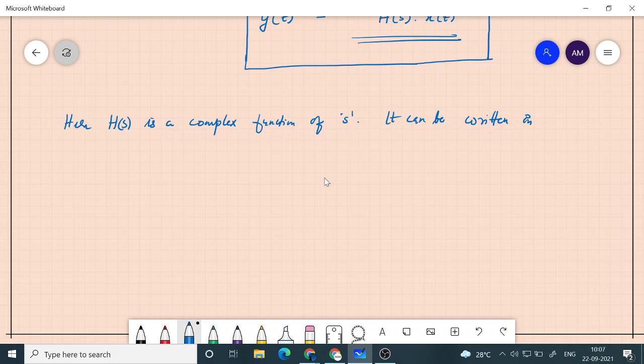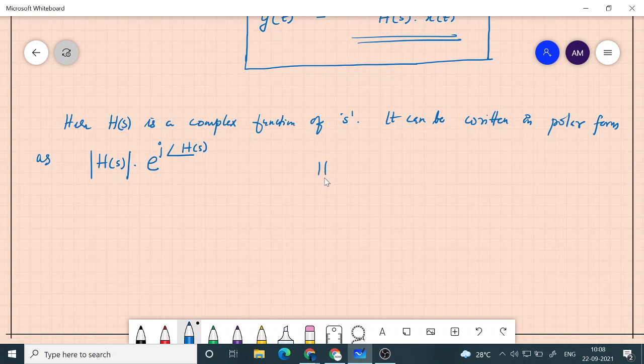Any complex function or number can be written in polar form as the modulus of H of s multiplying e raised to j angle of H of s. You take the modulus of that complex number for a particular value of s. A complex number will have a magnitude.